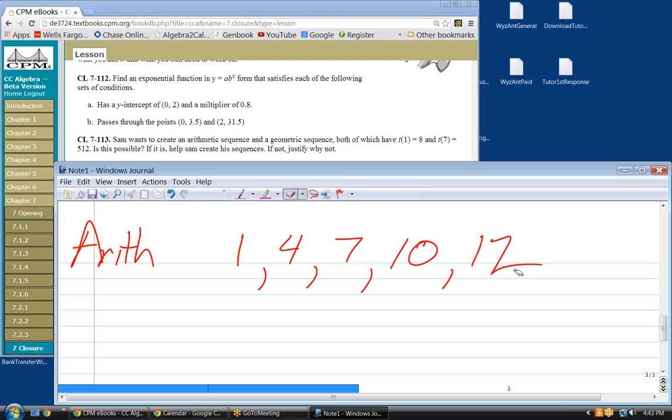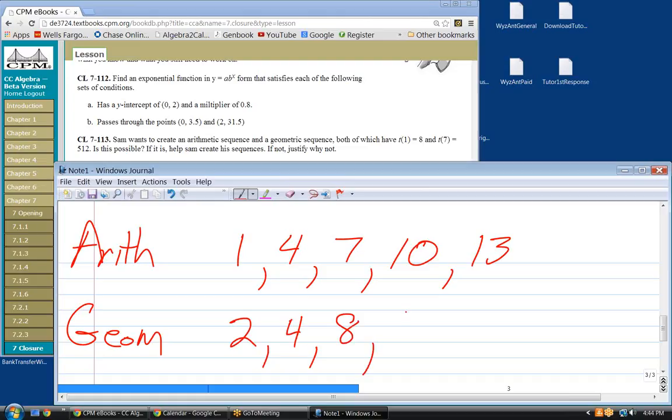Okay? So at your level of math, we're going to deal with two types of sequences, arithmetic and geometric. This would be a geometric sequence. Why? Because it's multiplying by 2 each time. Multiplying every term by 2.